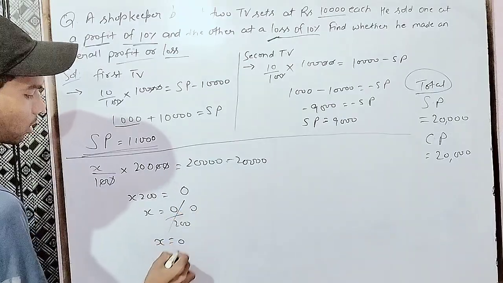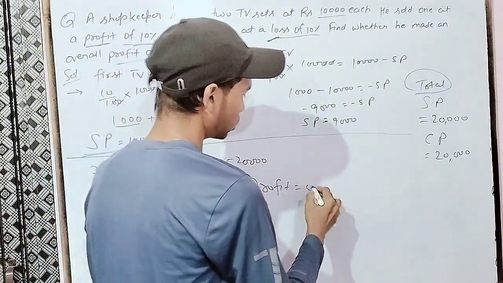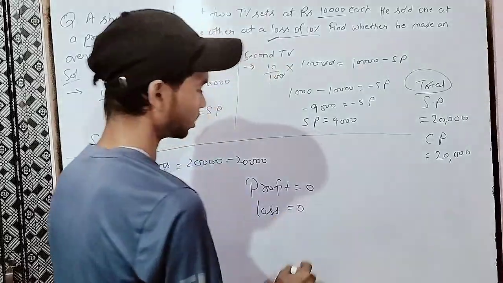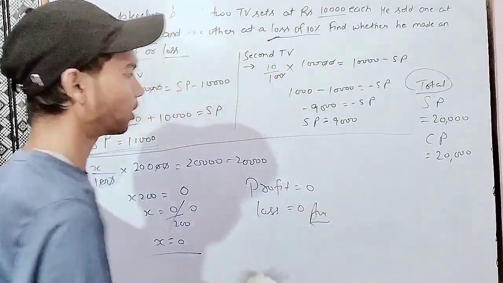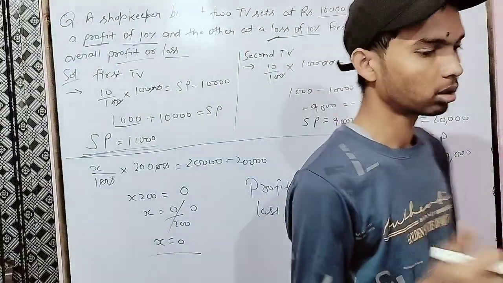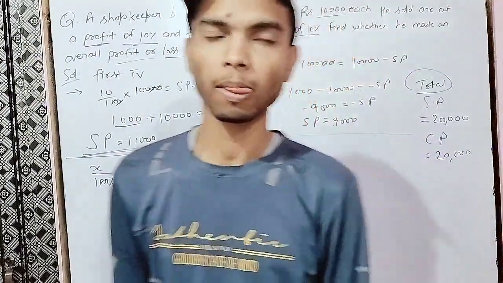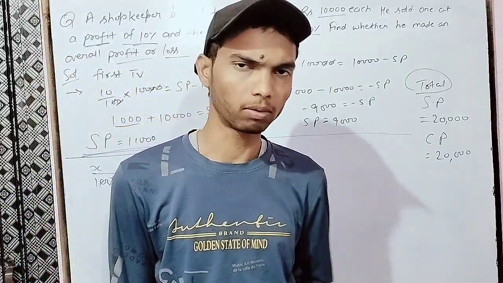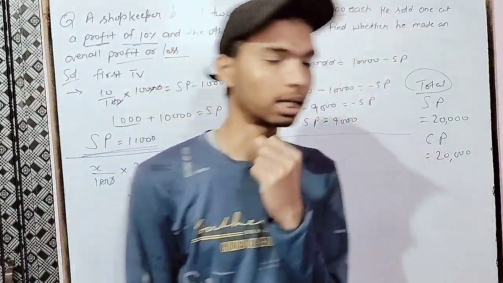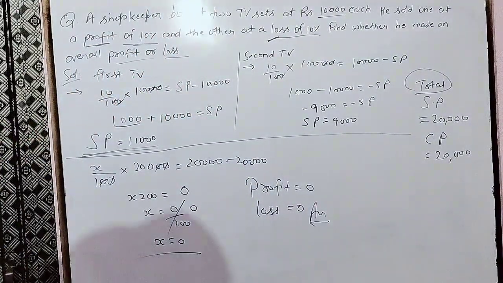So profit is 0, and loss is 0. Profit happened nothing, loss happened nothing. The material was sold neither at a profit nor at a loss.